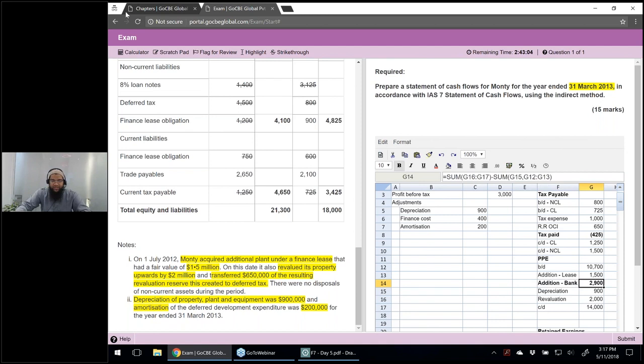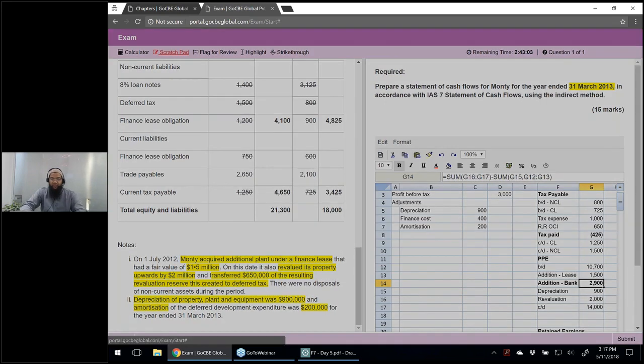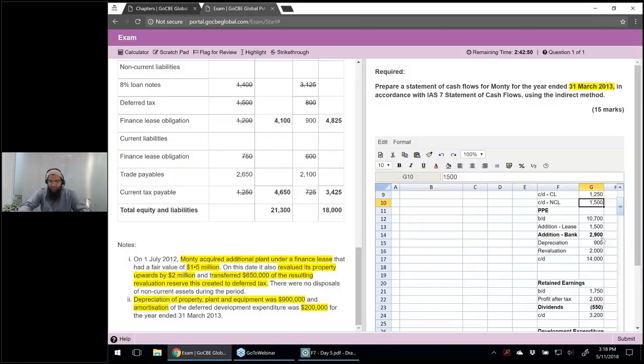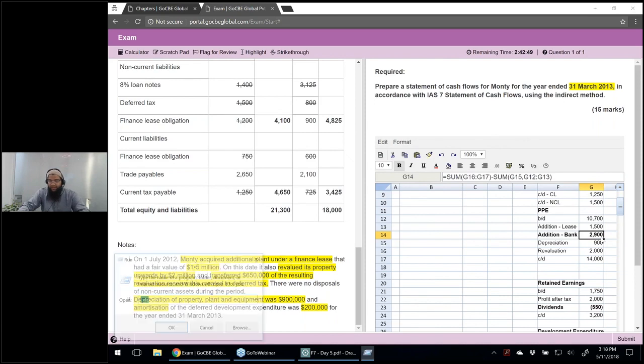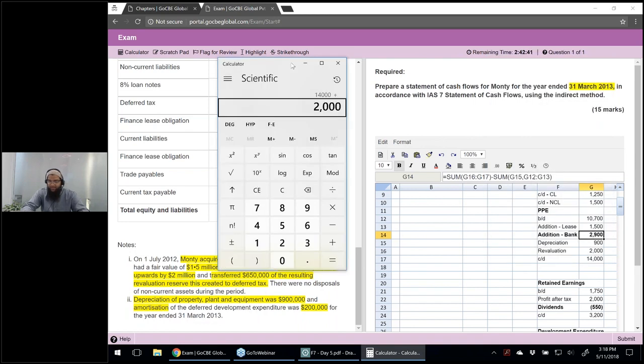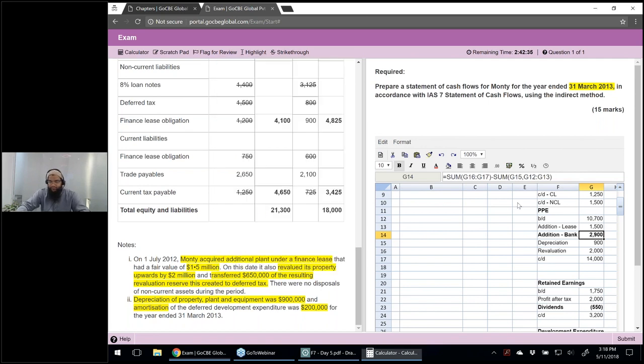So this will be taken to CFI, cash flow from investing activities, PPE, negative 2,900. Let's also check from a different calculator to ensure that our working is right. 14,000 plus 2,000 was the carried down minus 900 minus 1,500 minus 10,700. So yes, it is right.